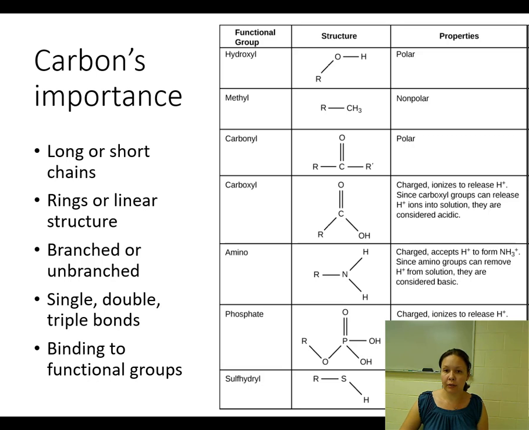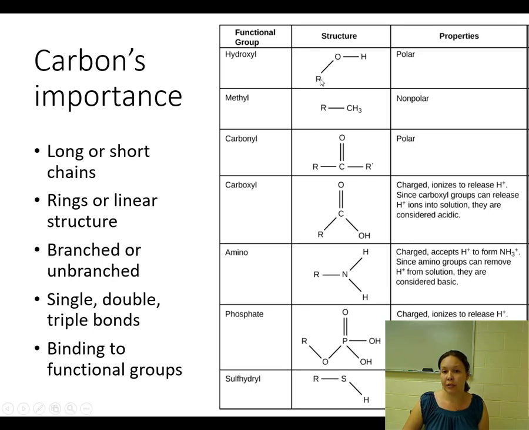And then your last carbon would then be attached to an oxygen and a hydrogen. So an O with an H, which is sometimes written as just OH, like you can see down here in this functional group. But here it's showing you the line. Now, it's important to know how many bonds oxygen can form. Because oxygen is missing 2 electrons from its outermost shell, it can form 2 bonds.